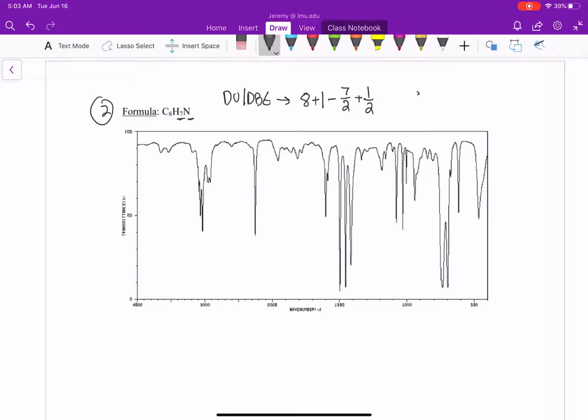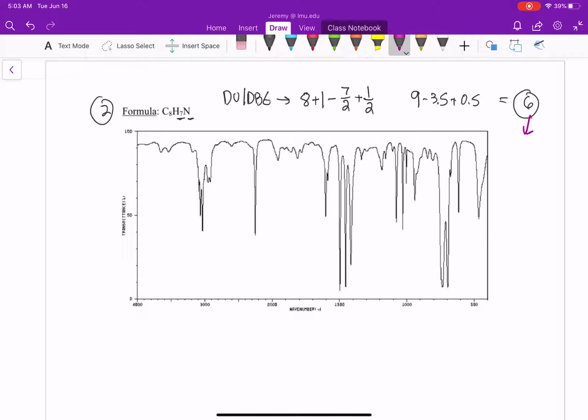So this would be 9 minus 3/2 plus 0.5, so that would be 9 minus 3, which is equal to 6.